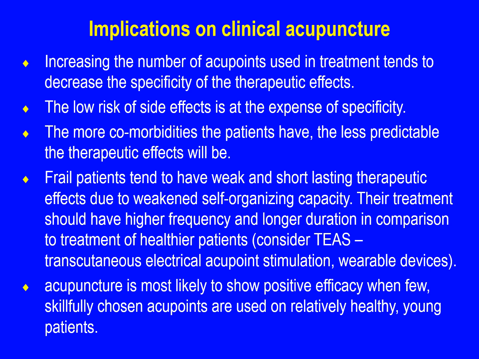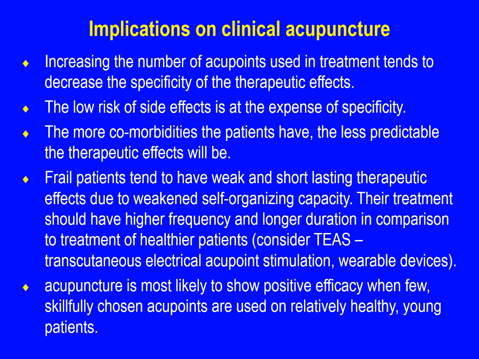But if too many acupuncture points are used on a frail elderly patient with multiple comorbidities, then usually it's much harder to achieve the therapeutic effect, as I mentioned earlier. The low risk of side effects is at the expense of the specificity in acupuncture in comparison to conventional medicine.